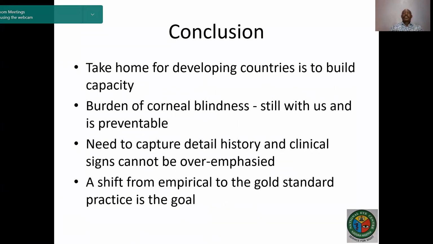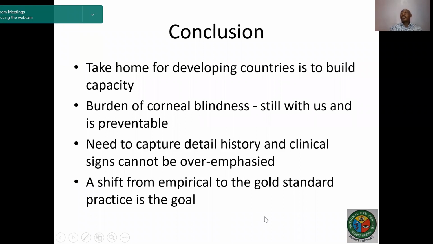In conclusion, we have tried to look at the burden of the disease that is with us, and the challenges and gray areas that corneal ulcers pose to us as clinicians, and the need for us to adequately diagnose such diseases.